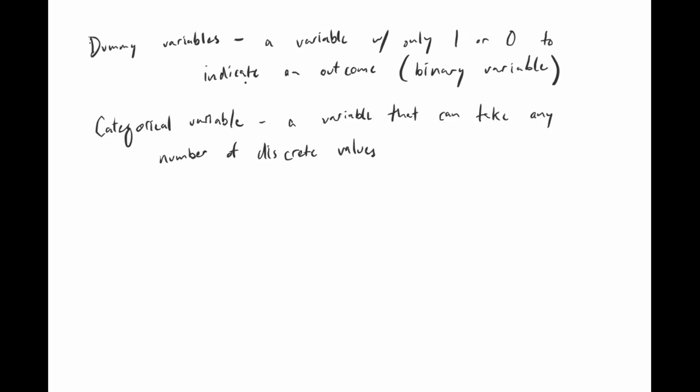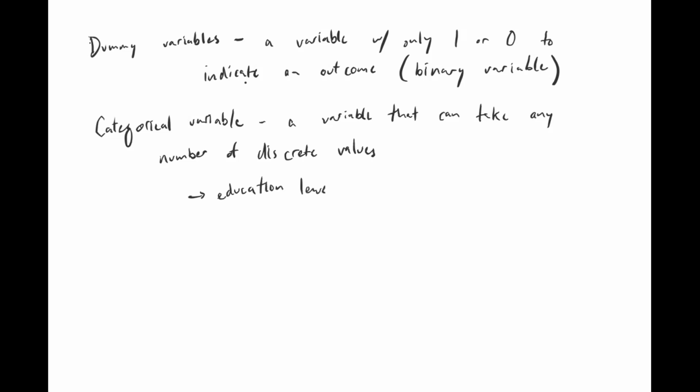So this is kind of our extension of the dummy variables, except that instead of only having two possible values, you could have any number of discrete values. So this could be a more generic set of education levels.